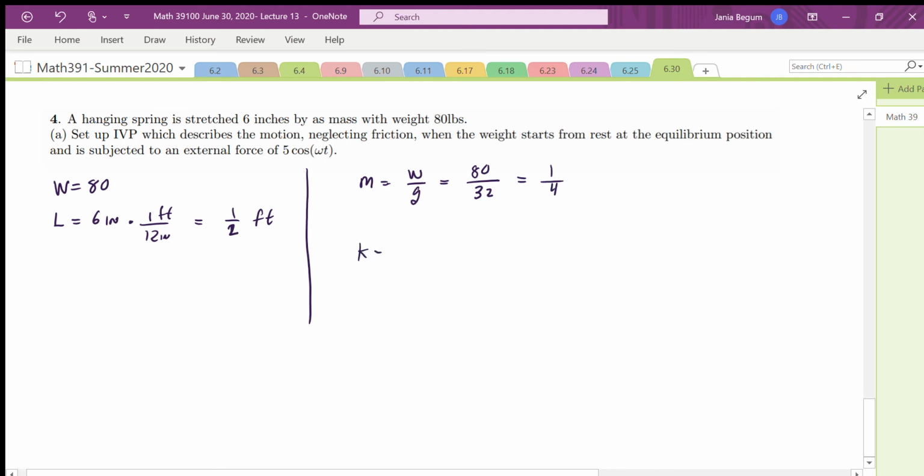Then k is going to be L over g, so 1/2 over... oh, hold on, I think I didn't do it right.